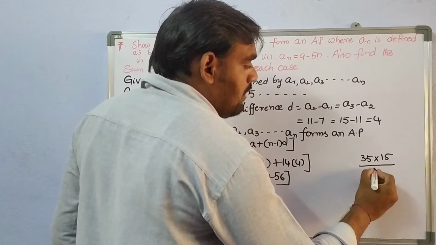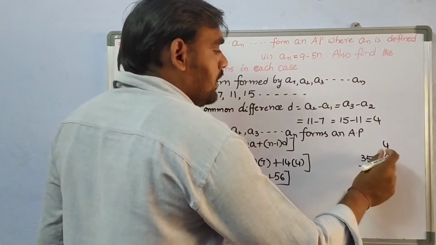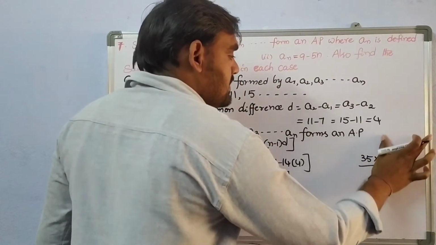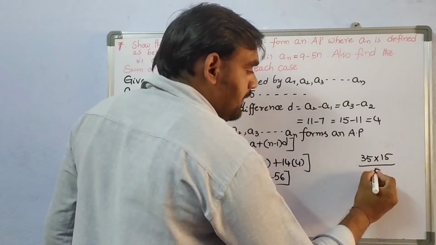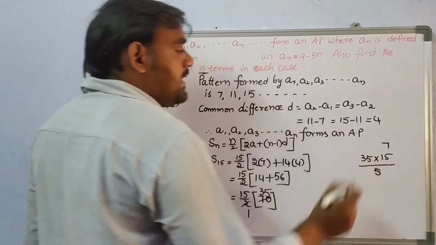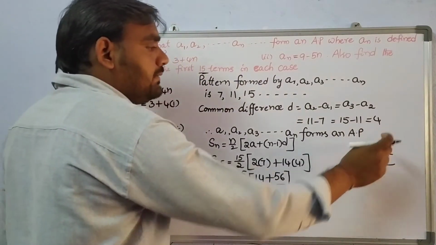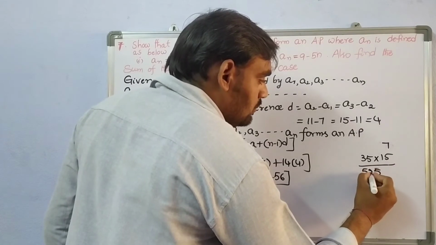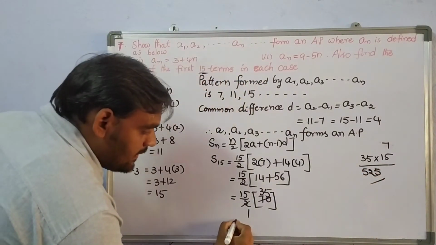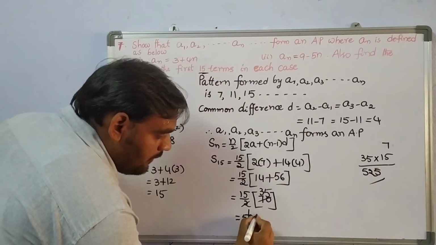15 fives are 75. 15 threes are 45. 45 plus 7, 52. So therefore the value is 525.